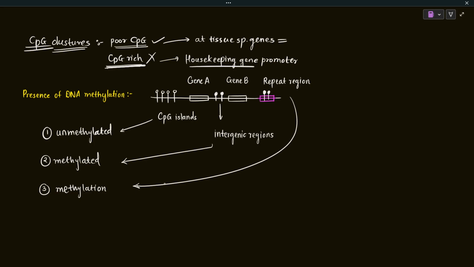That's why CpG islands are unmethylated. Why? Because you don't want to shut down the housekeeping genes, but you want to shut down transposons, as well as the non-coding regions. Intergenic regions are methylated, as well as repeat regions. You don't want to mobilize the transposons, and that's why repeat regions are also methylated.